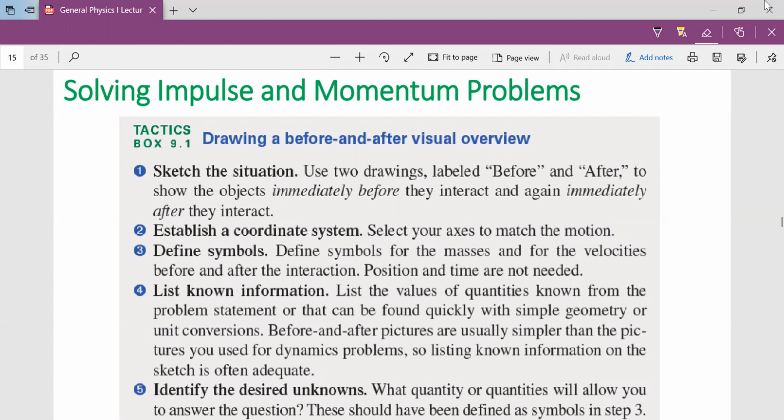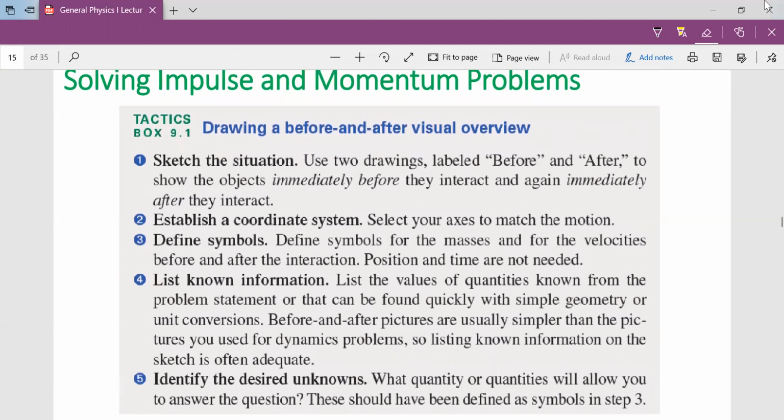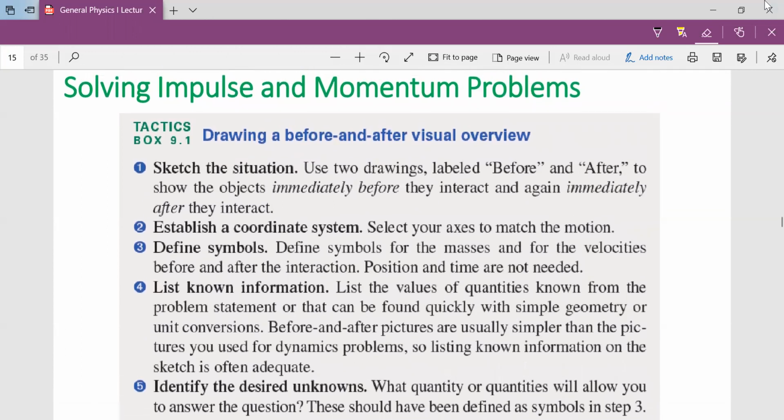in solving impulse and momentum problems, we'll have 5 basic steps that we should keep in mind. Now, the first, whenever you're given a question, you will make a sketch of the situation as usual. We'll try to visualize what the issue is, what the question is demanding from us. To do that in terms of impulse and momentum, we use the before and after diagram.